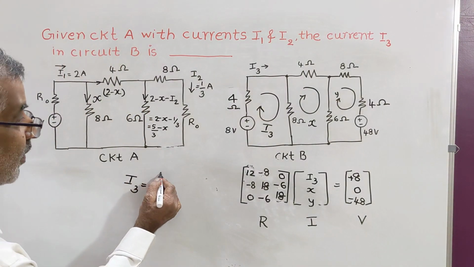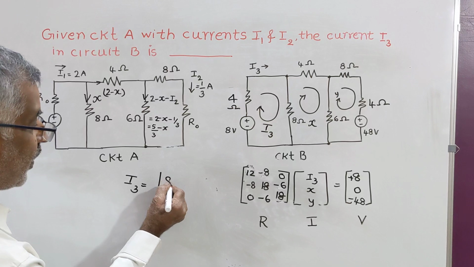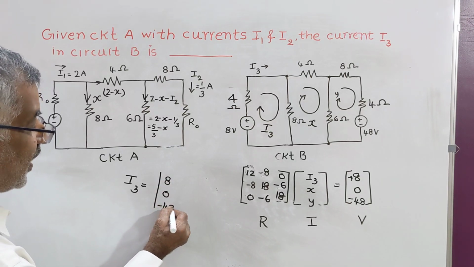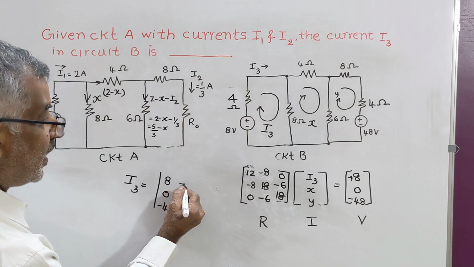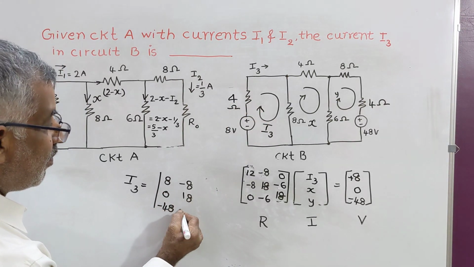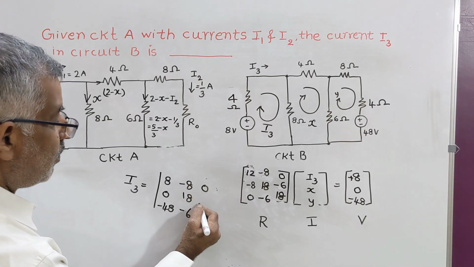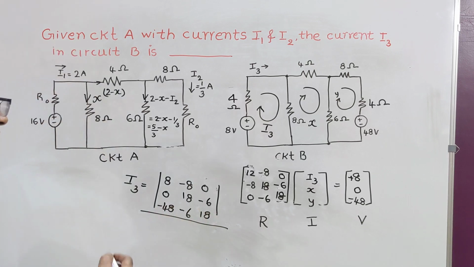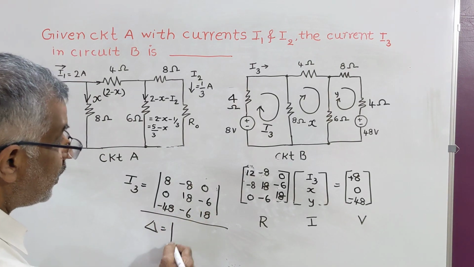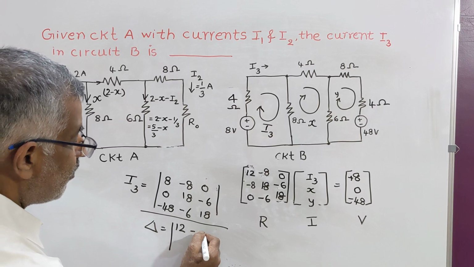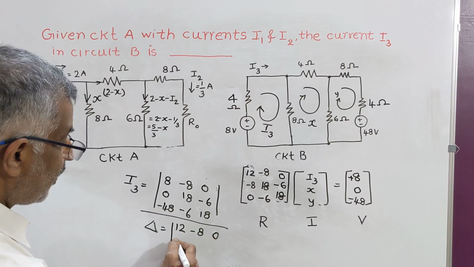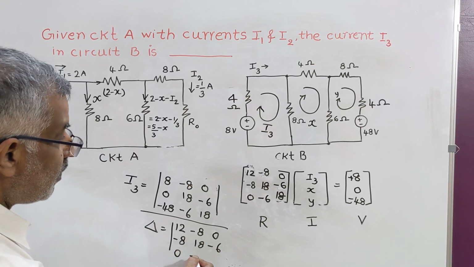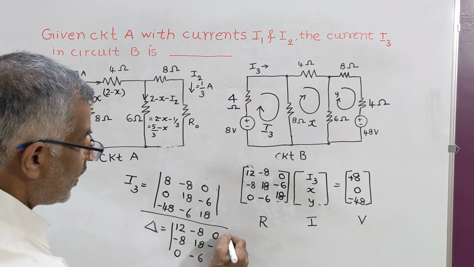Therefore I3 is the determinant with rows 8, 0, minus 8; minus 8, 18, minus 6; 0, minus 6, 18, divided by delta, which is the determinant with rows 12, minus 8, 0; minus 8, 18, minus 6; 0, minus 6, 18.